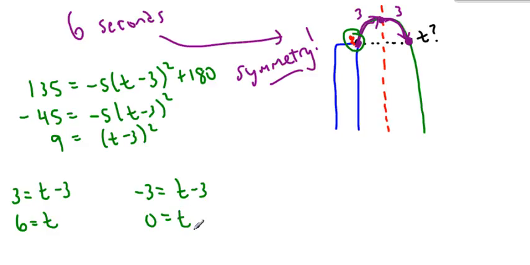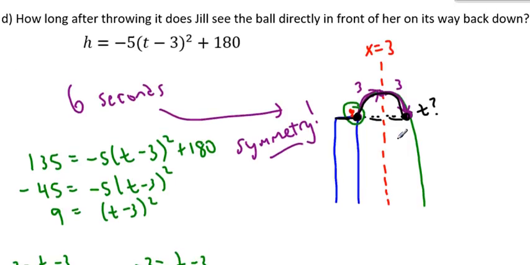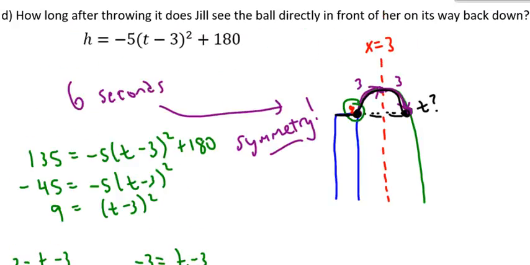And that's excellent, because that means that at Jill's height of 135 meters, which is the height of the building too, the ball is at that height at t equals 0 when it starts, and at t equals 6 when it has gone through the vertex and then passed down through this symmetry. Okay? So there was a really quick way to get that answer if you really understand symmetry, but you can also calculate it if you need to.